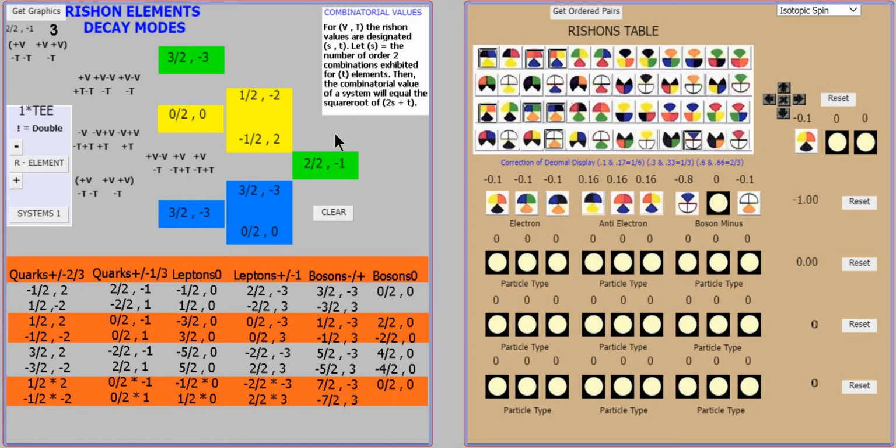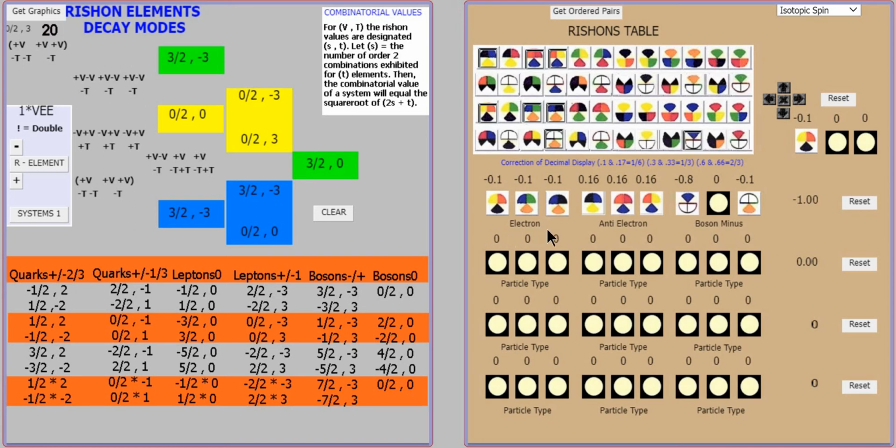And so we will increase the T to 3 and decrease the V. And now we have a muon and anti-muon, which will give us decay products of a muon and an anti-muon neutrino, which we can see over here.